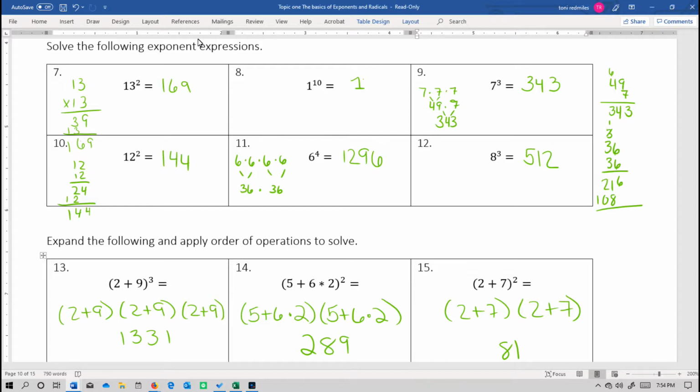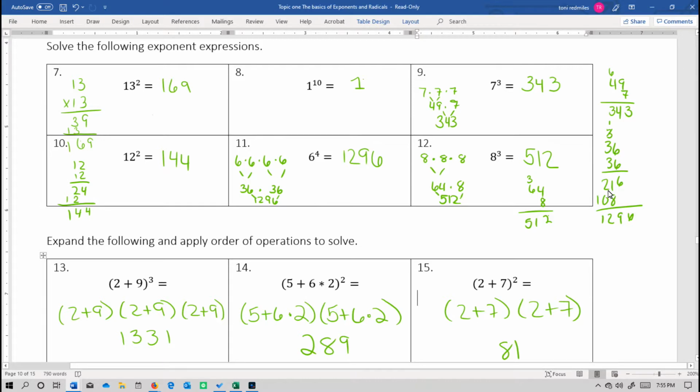I'm going to add, and my answer comes out to 1,296. All right, this is 8 being multiplied together 3 times. 8 times 8 is 64, times another 8 is going to be 512.